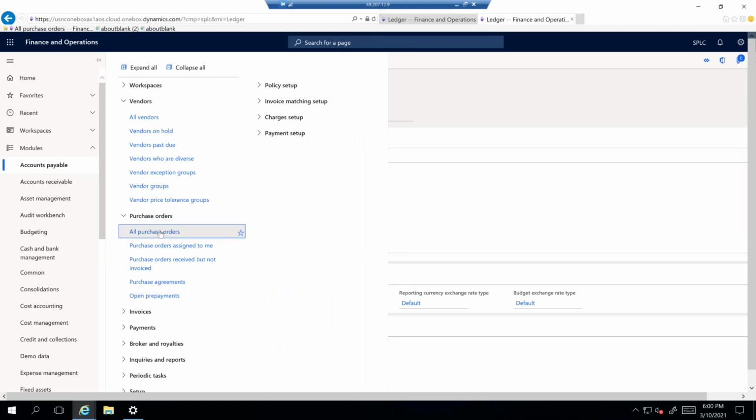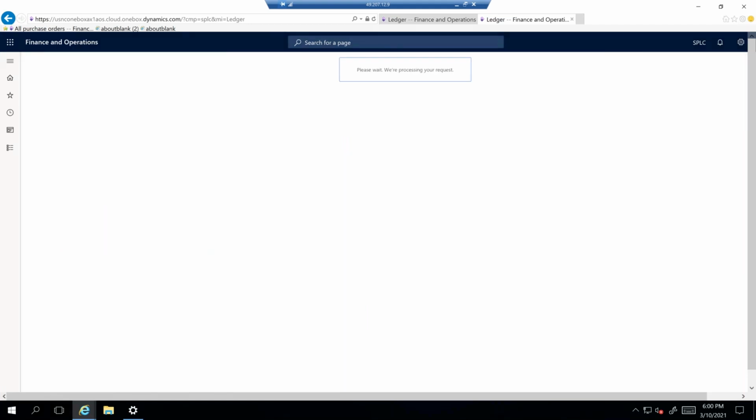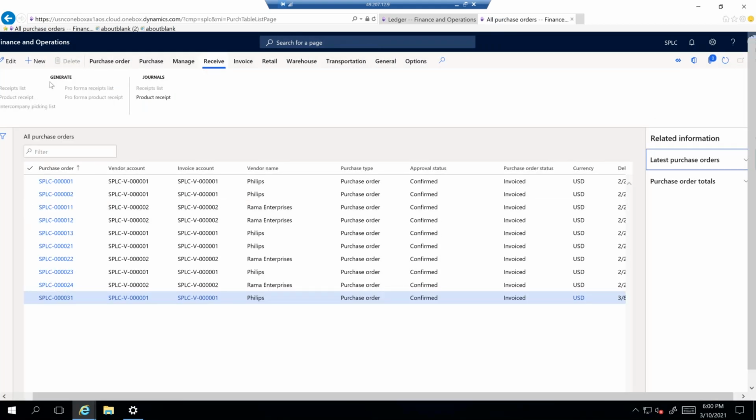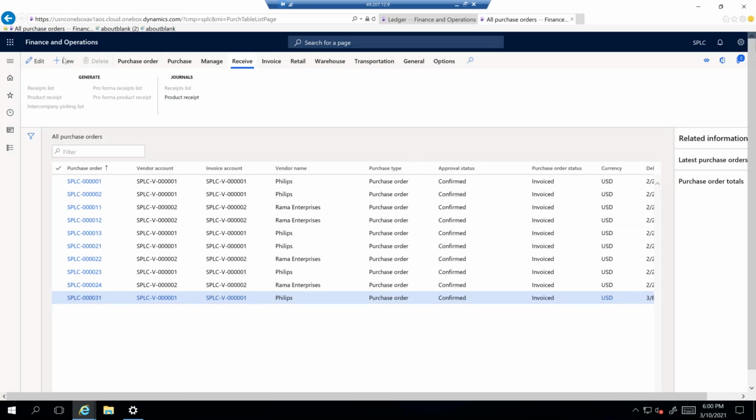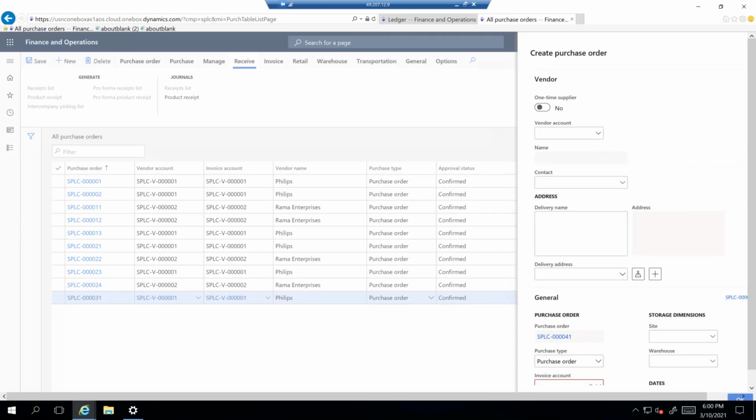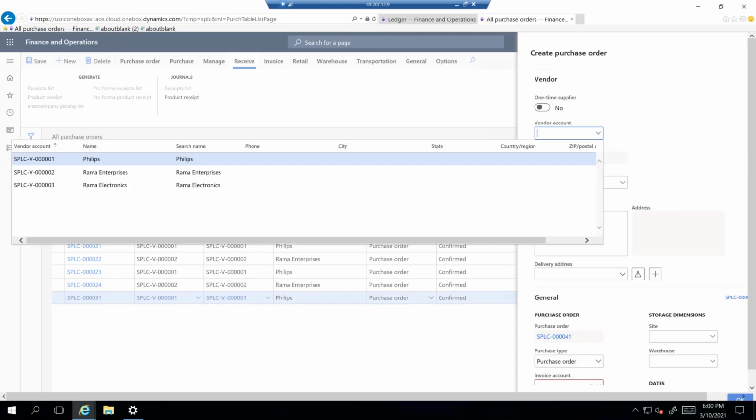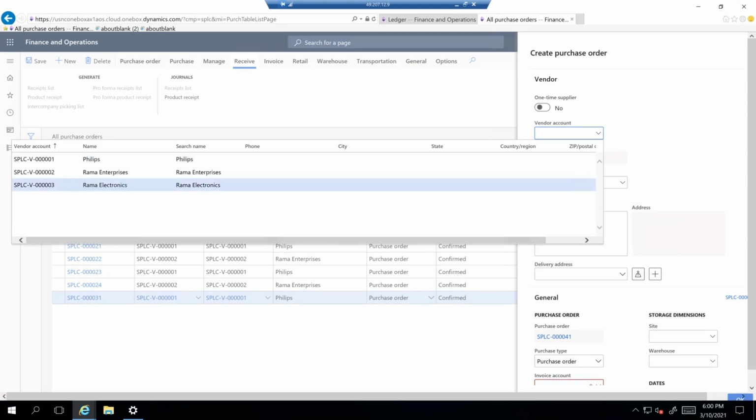Anything is fine. I'm clicking new. Selecting the vendor, international vendor. So a USA company is importing this material.